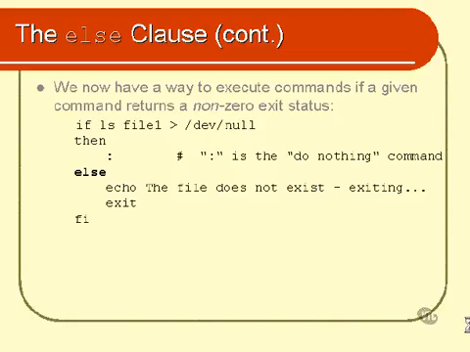The do-nothing command in Unix is just colon. Colon by itself is actually a Unix program. It does nothing at all. Pretty similar actually to the true and false programs. They do nothing at all as well. So if you like, we have an empty first half of the if statement, and we put what we want to do into the second half of the if statement, into the else clause.